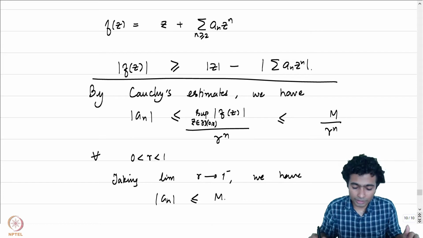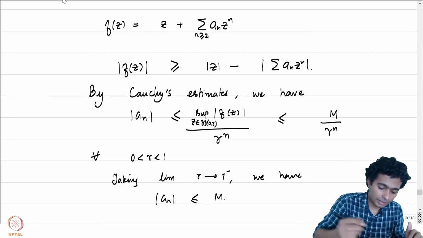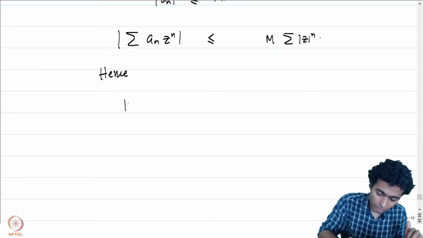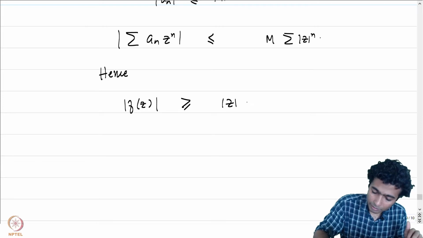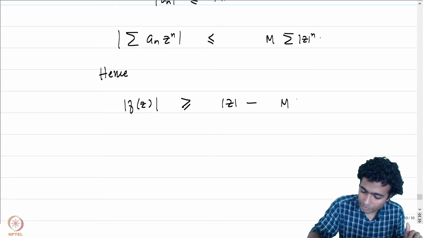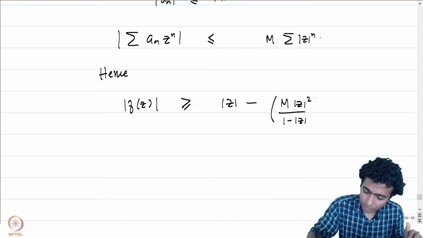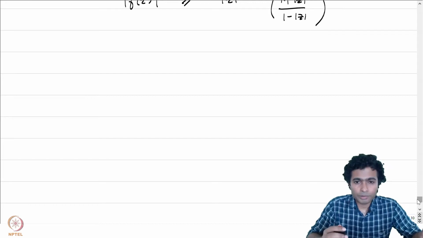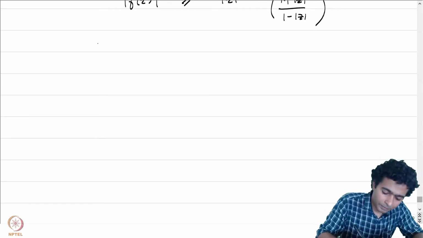Mod f of z is greater than or equal to mod z minus this, which tells us that mod f of z is greater than or equal to mod z minus M times, this is basically, mod z squared times 1 by 1 minus mod z. So the first observation is that our number M has to be necessarily greater than or equal to 1.